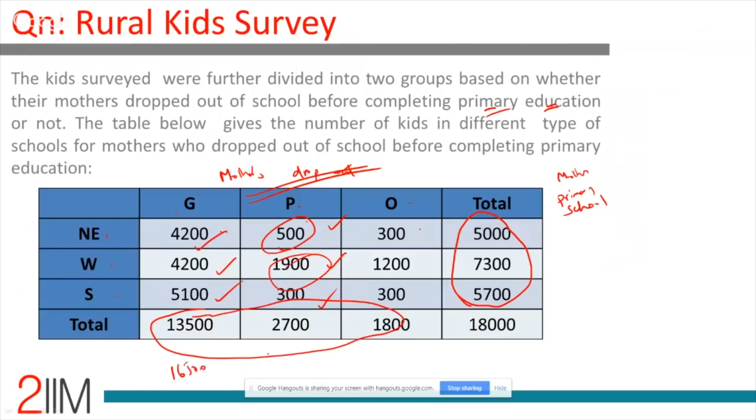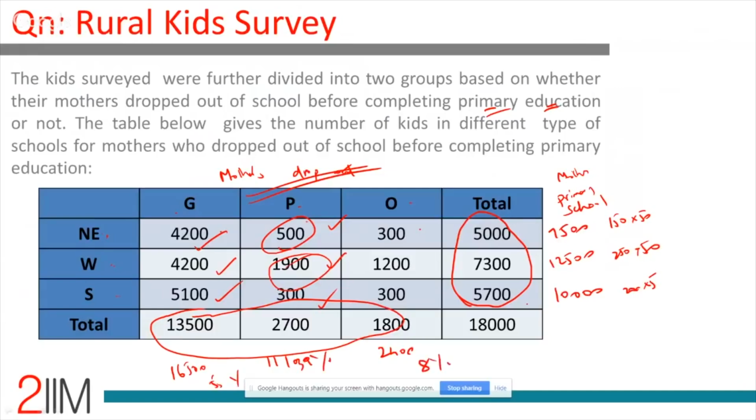This was 16,500, 11,100, 2,400. This was 7,500, 12,500, 10,000. So this was 150 into 50, 250 into 50, 200 into 50, 55%, 37%, 8%.